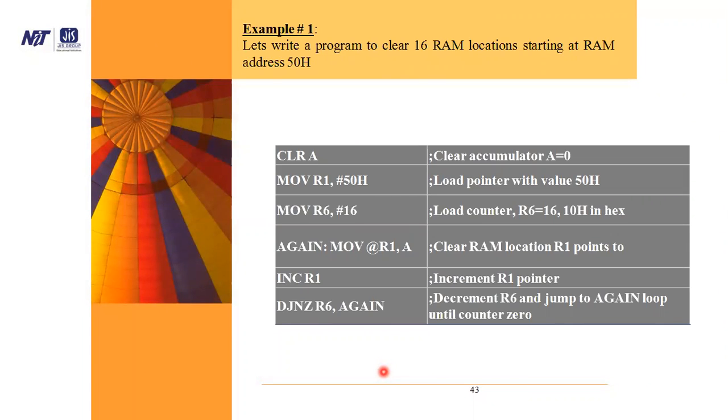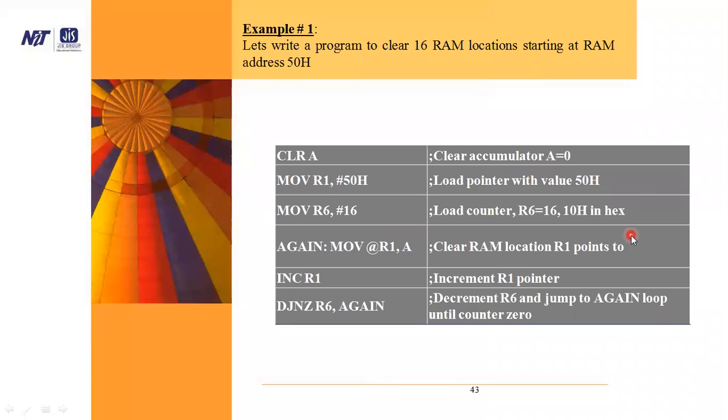Let's write a program to clear 16 RAM locations starting at RAM address 50H. CLR A, clear accumulator. MOV R1, #50H, load pointer with value 50H.